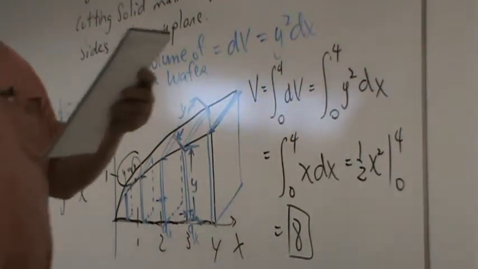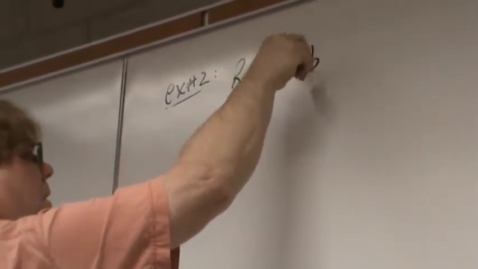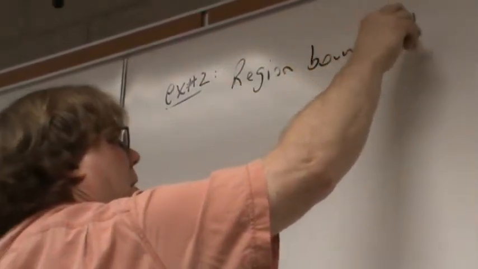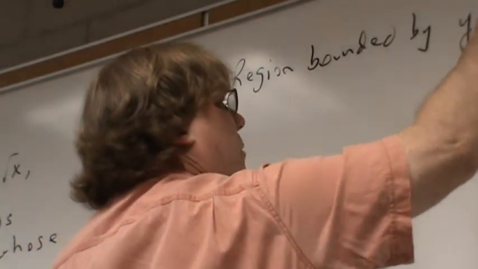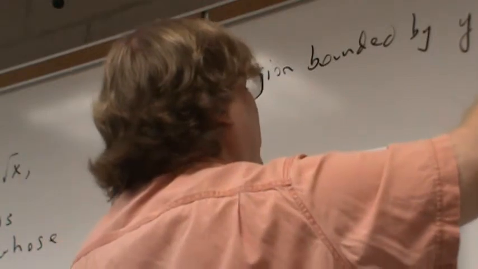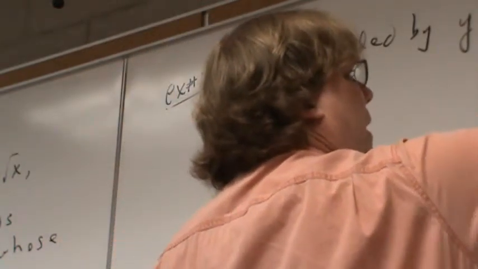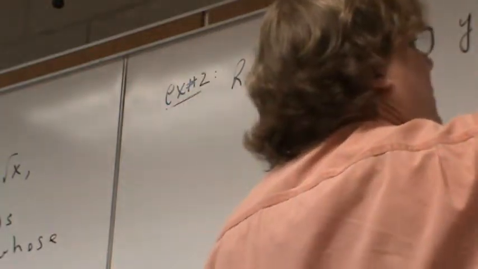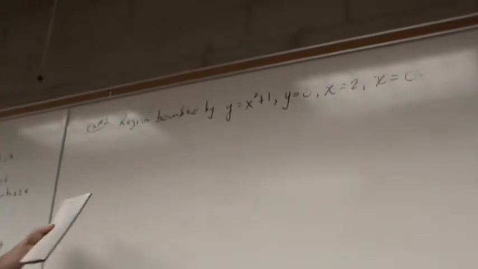Here, try this. Example number 2. Region bounded by y equals x squared plus 1, y equals 0, x equals 2, and x equals 0. That's the base.